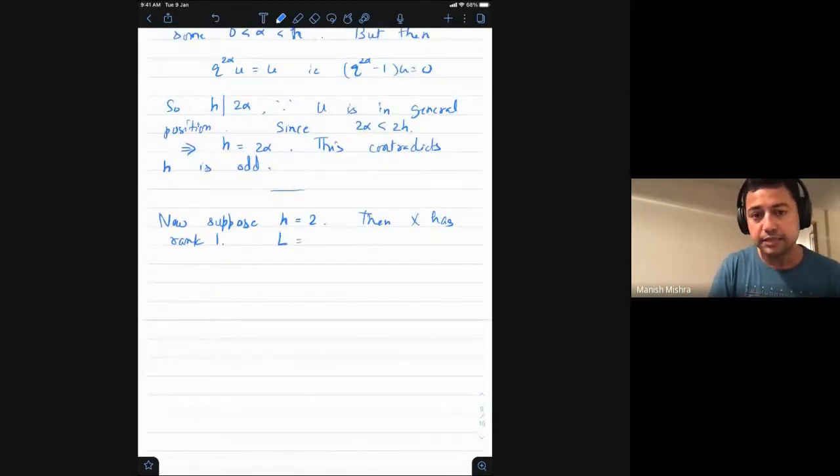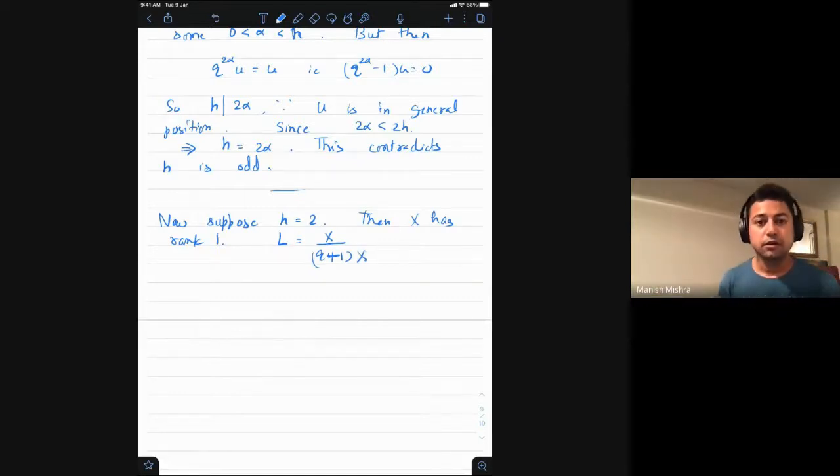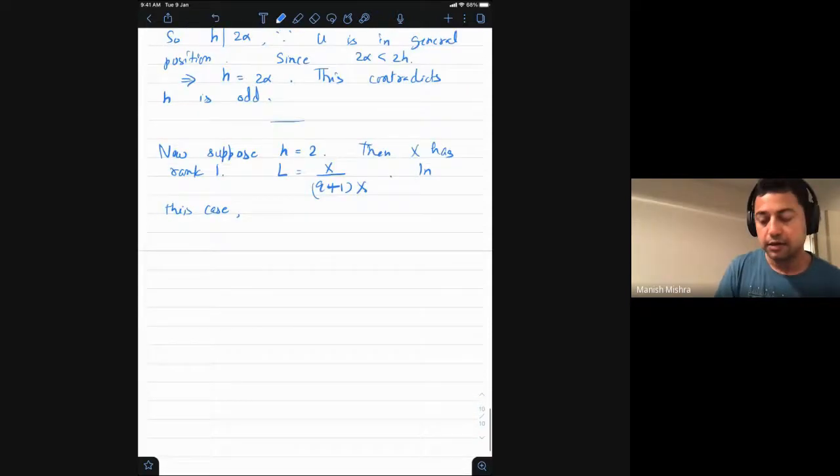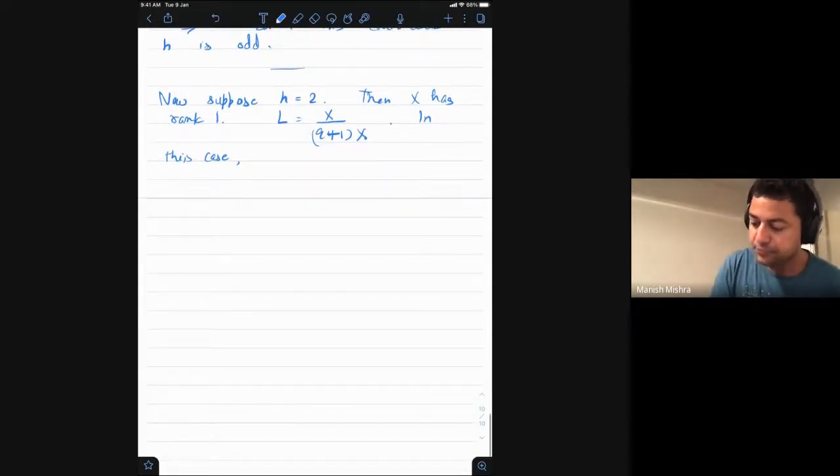And in that case, L looks like (q plus 1)X. Omega is just one simple reflection, so negative 1. So you get (q plus 1)X. X is just Z, it's rank 1.